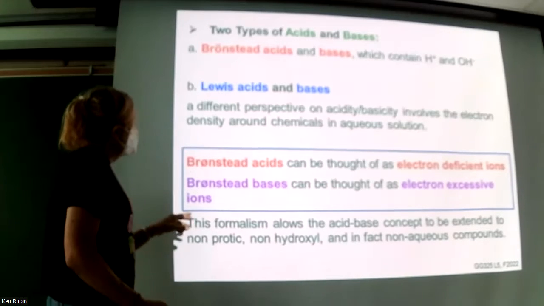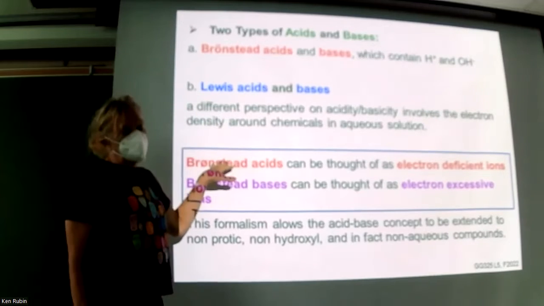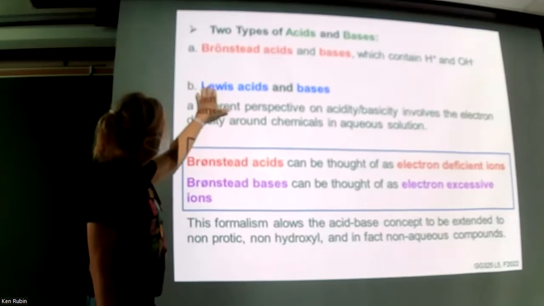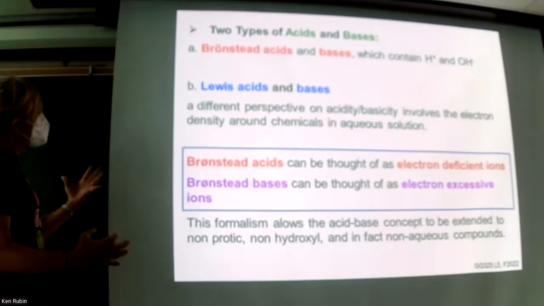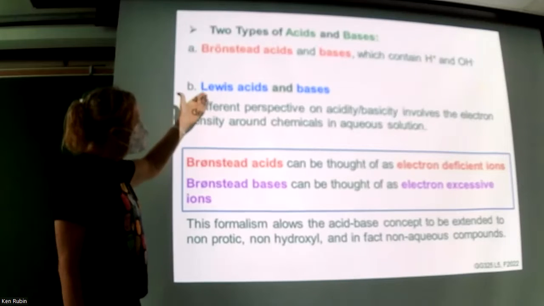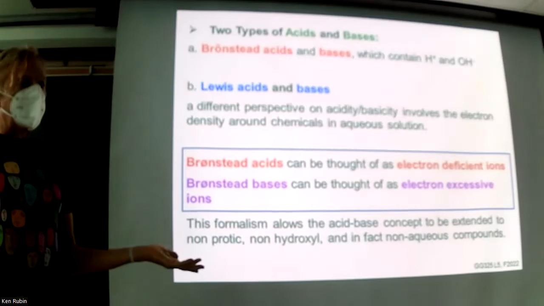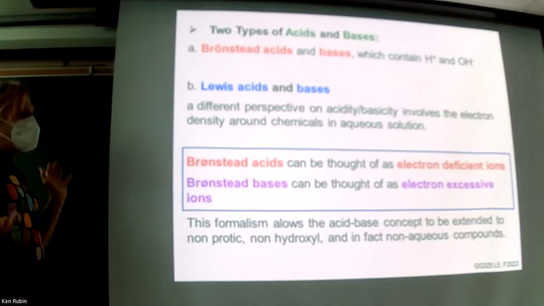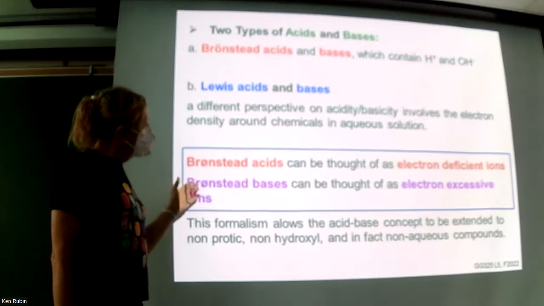So you can think about Bronsted acids in the context of Lewis acids, right? And not vice versa. This is just a broader definition. Because if you think about it, a hydrogen ion, which is a Bronsted acid, is also a Lewis acid because a hydrogen ion is electron deficient. It's like a hydrogen atom that's missing an electron. And a Bronsted base is electron excessive.